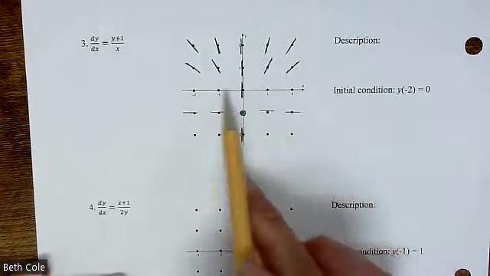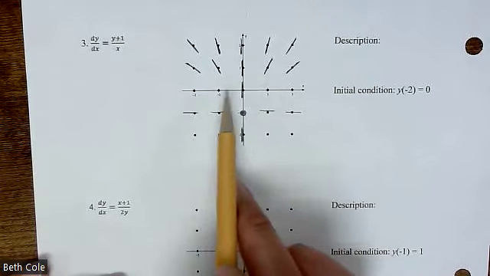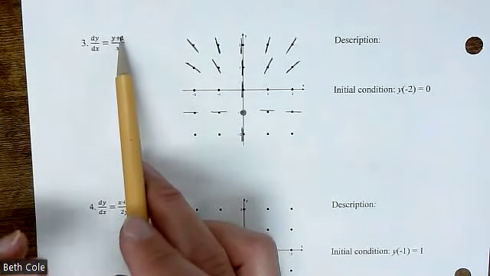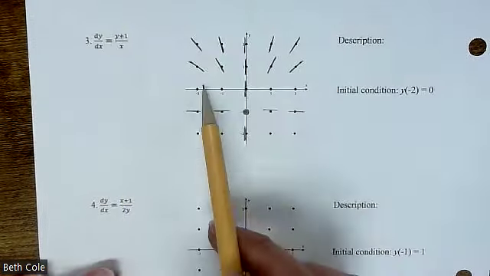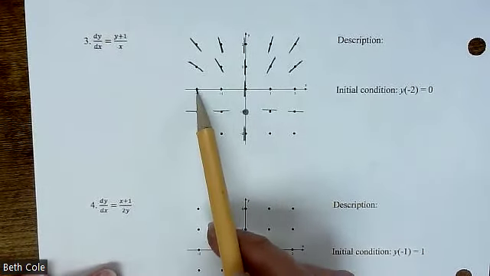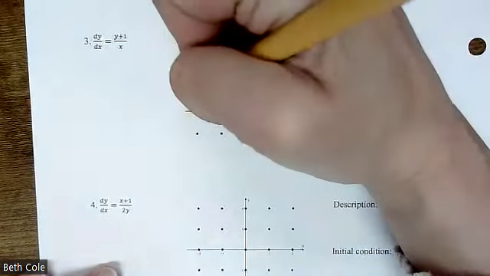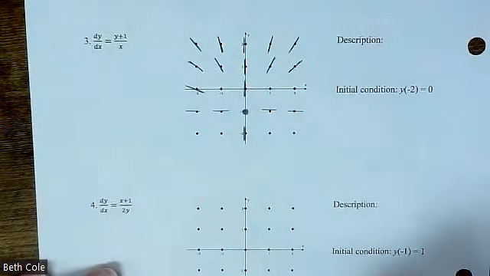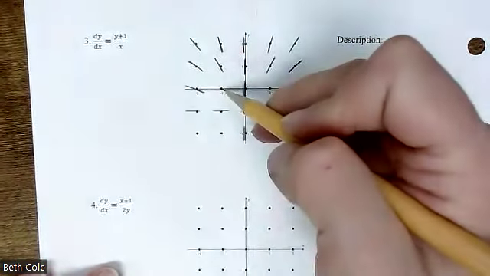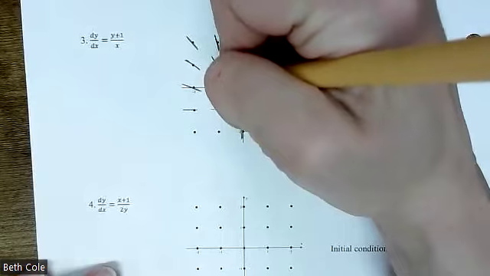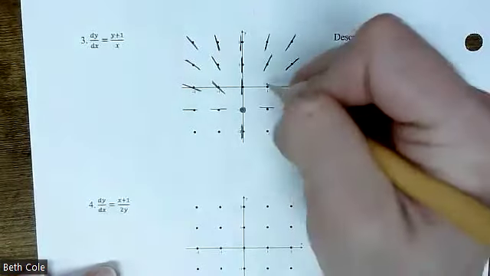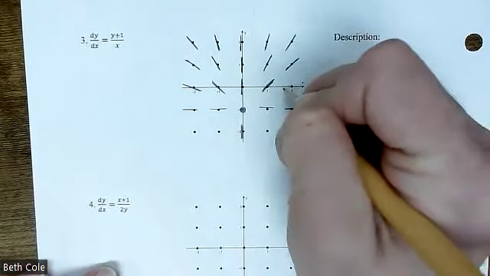All right, for the next row, y is 0 for all of those. 0 plus 1 is 1, so the numerator is 1 for all of these. If you plug in -2 for x, that would be -0.5, so they're getting less steep here. And then this would be 1 over -1, which would be -1, and then reflect them this way.